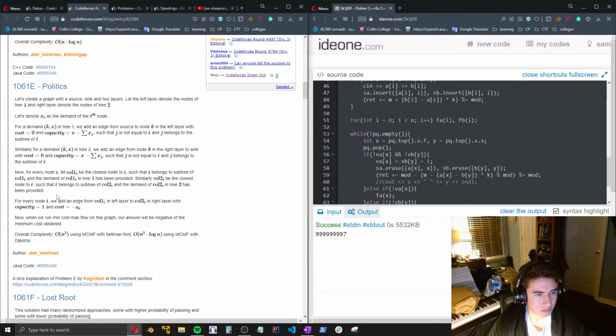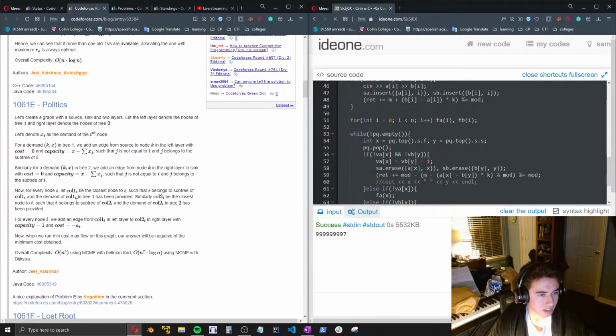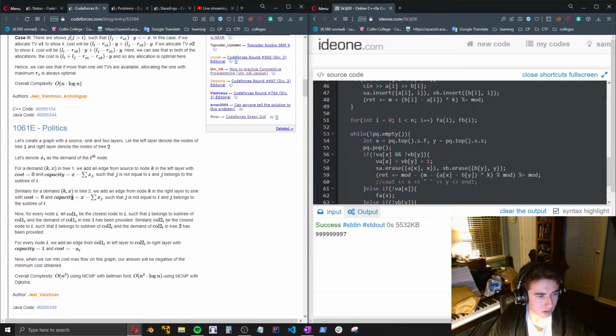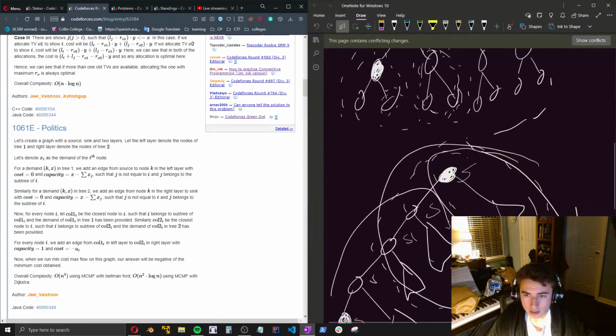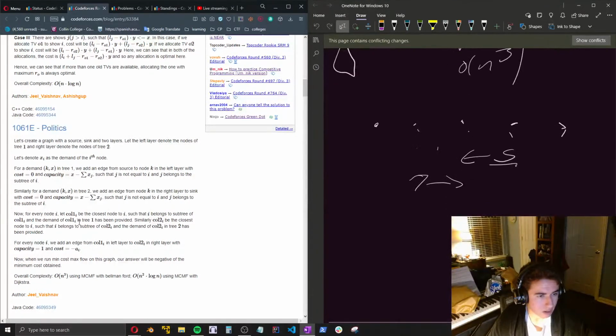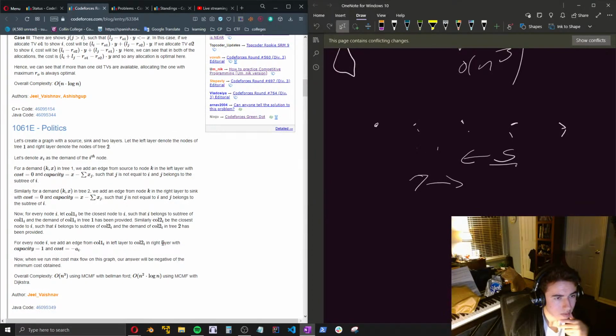I think that is the same as this, even though I did not think that was actually going to be this. I still think though, it can be done with just DP. But let me read this. We should decay the left layer, capacity. Oh yeah.